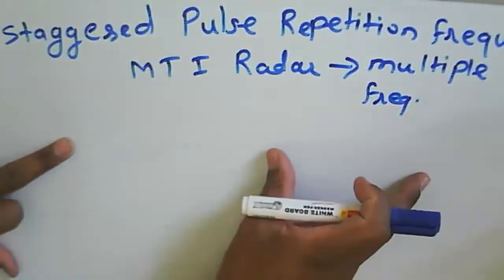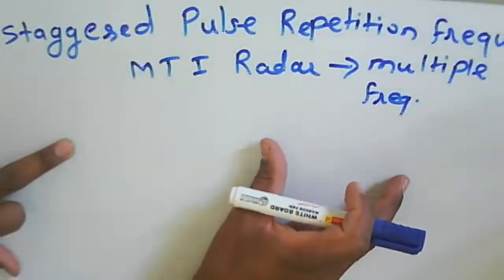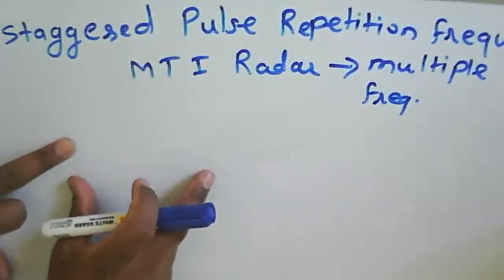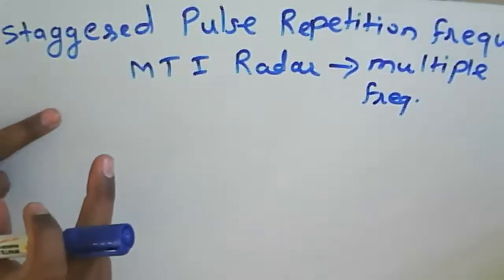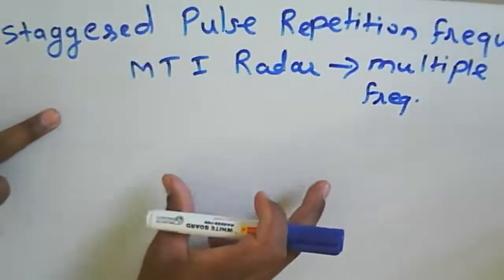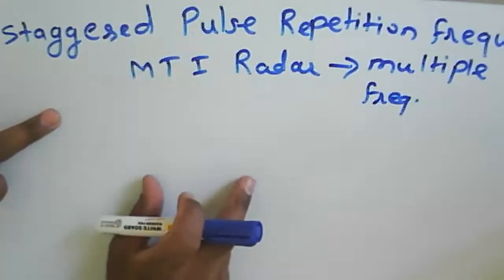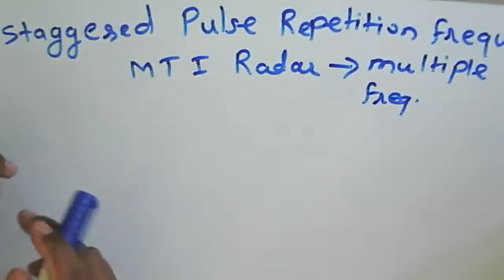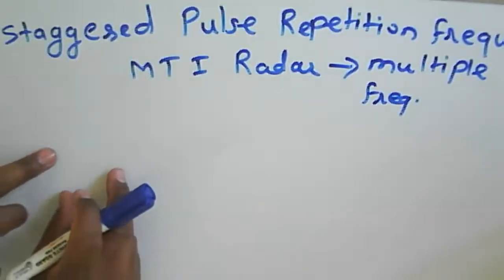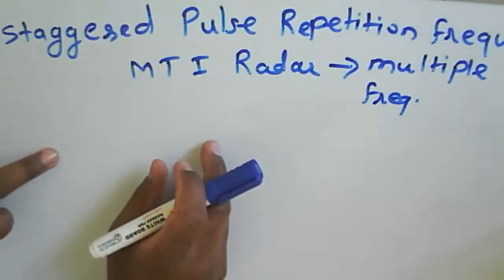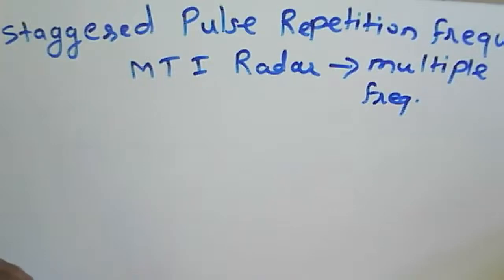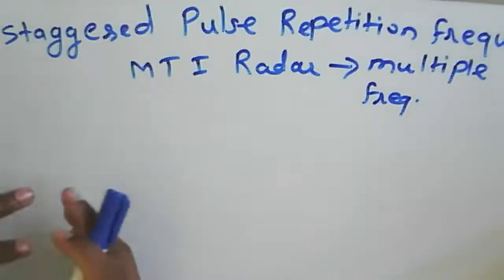In multiple pulse repetition frequency, either we can use a single radar that provides multiple PRFs, or we can use two radars with different frequencies. If we consider two radars operating at the same carrier frequency, then the two radars differ in pulse repetition frequency.